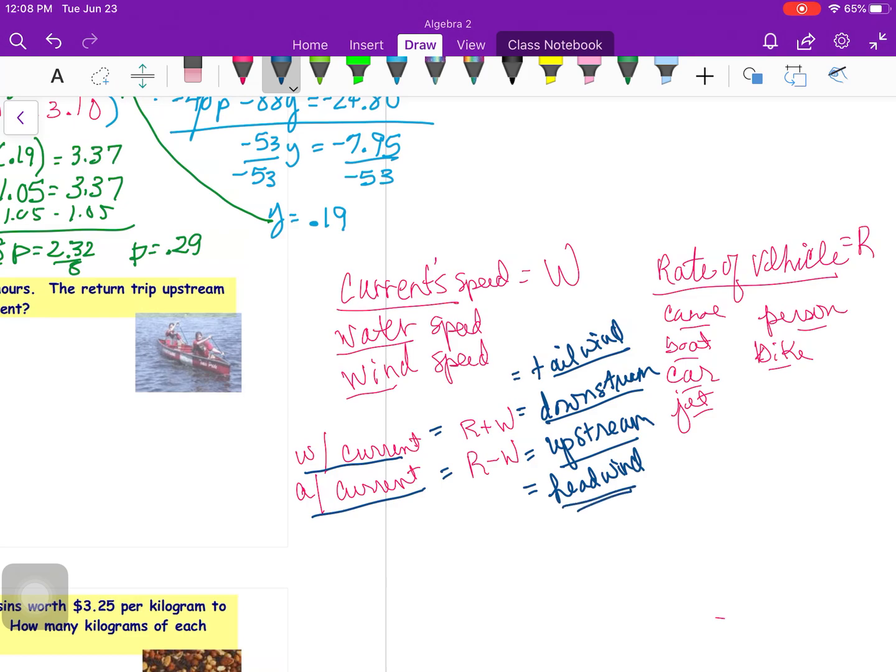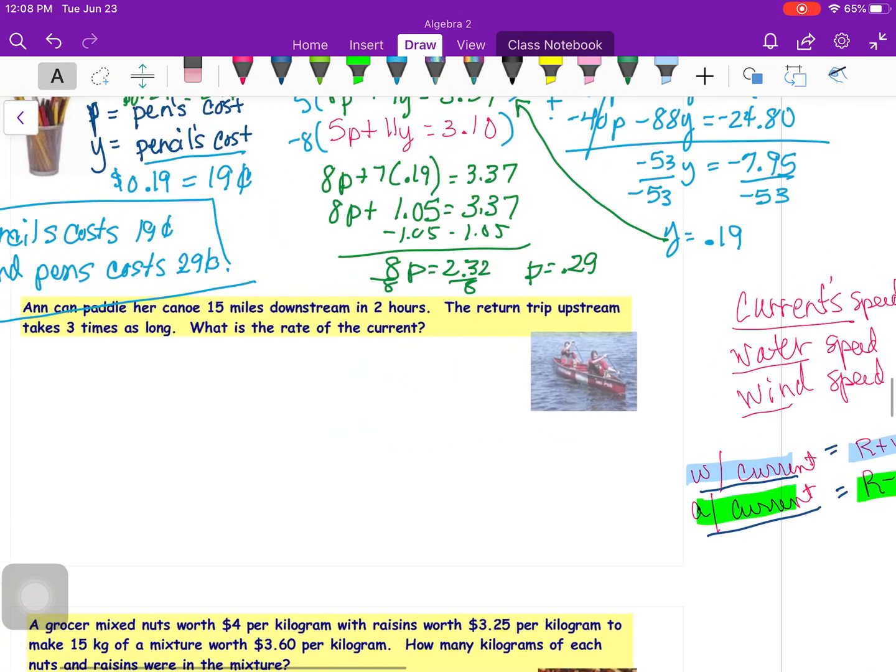It pushes at your head. So with the current is like tailwind, downstream, that means R plus W. Against the current means upstream, headwind, R minus W, every single time.